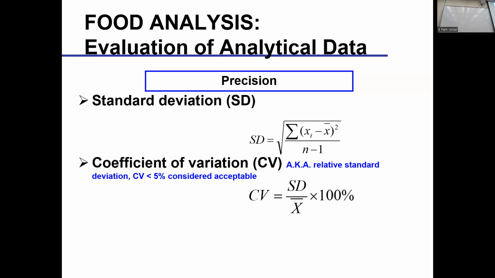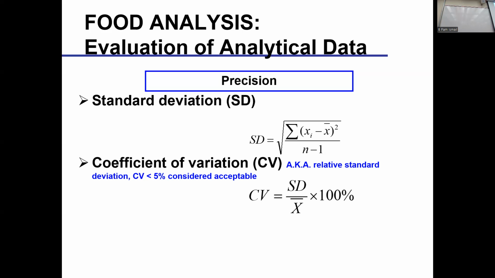Again, rule of thumb here: anything less than 5% is excellent precision. Between 5 and 10, I would say good, acceptable, you're okay, you don't need to repeat. Anything above 10, depending on the assay, sometimes I go, well, if it's 12%, that's okay.